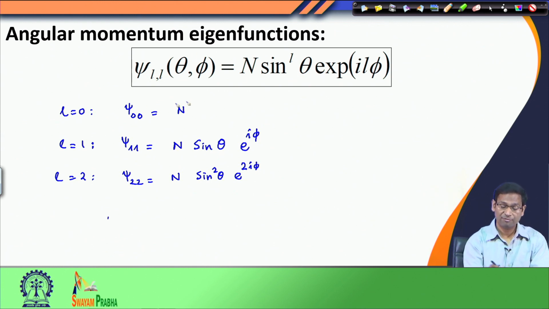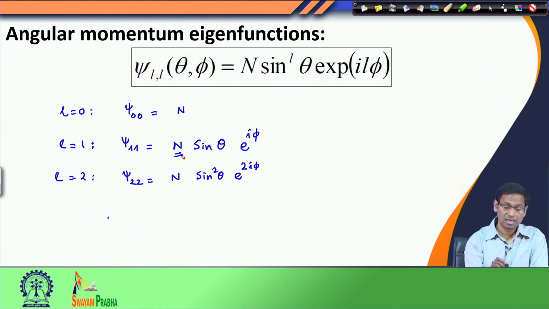So, for different values of L, we have now obtained the wave function, but one thing that is not known yet is the normalization constant N. In the next lecture, we will start from this point and see how we can normalize these state eigenfunctions and what the normalization constants are.